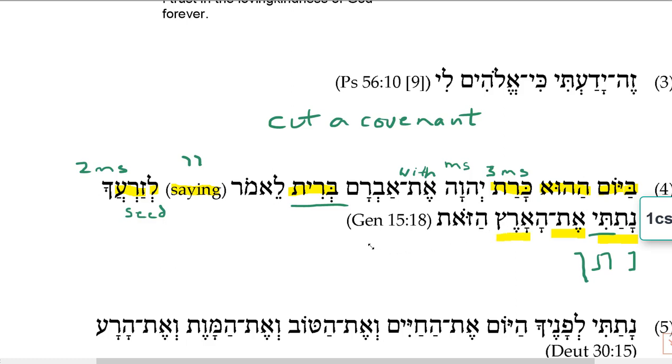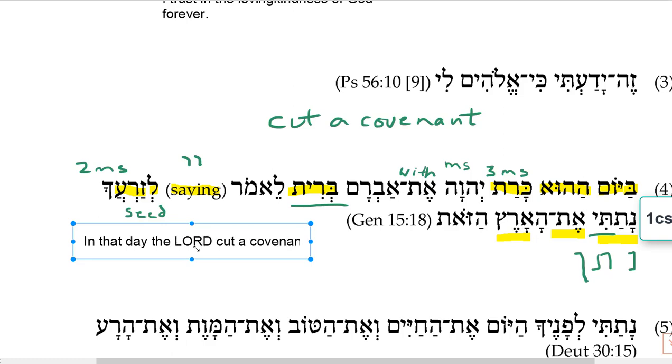So let me just type that out. We have in that day. So remember we started out here with bayom hahu. The hahu is the far demonstrative. So be, in that day. And then the Lord cut a covenant with, well, it's Avram, Abram, he hasn't been named Abraham yet.